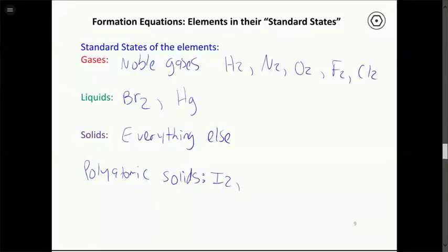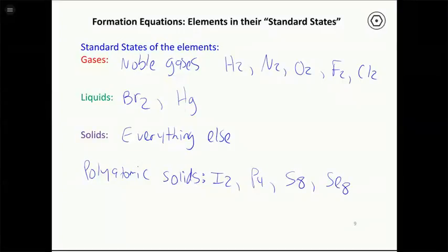You notice that all of the halogens exist as diatomics. F2, Cl2 are gases, Br2 is a liquid, I2 is a solid, but they all are diatomic. And then there's a few other nonmetals that are polyatomic as well. Phosphorus' most stable standard state is P4. Sulfur is S8. And then the one right below sulfur, selenium, is also octanuclear, Se8. So those are the polyatomic solids as well.